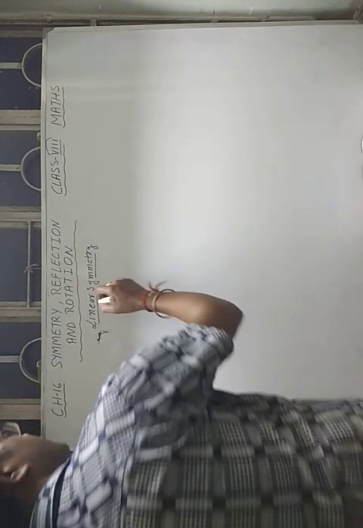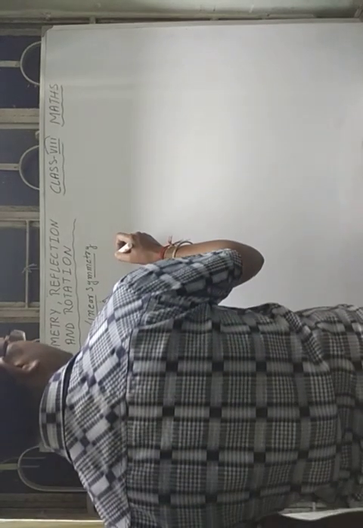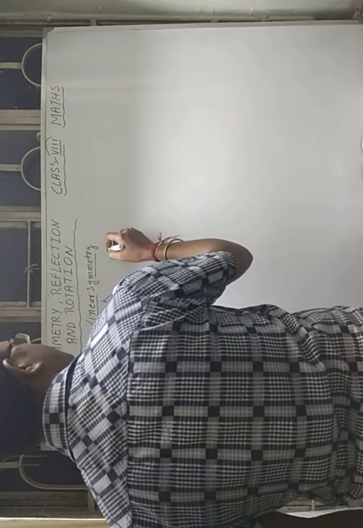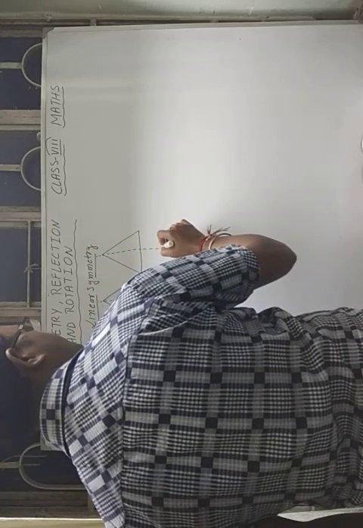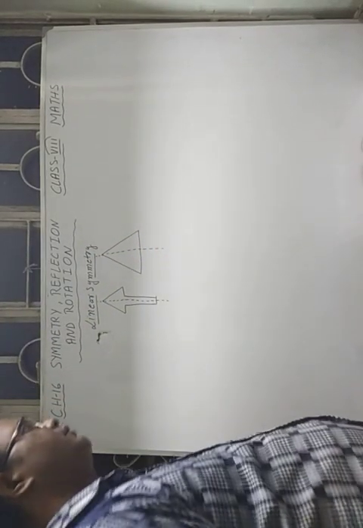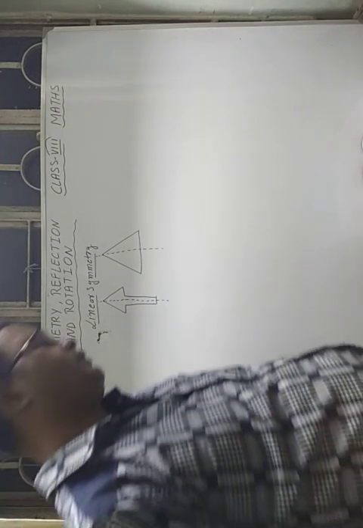How many symmetric lines can you draw of it? Only one. So this is a symmetric figure. If you take a triangle like this, here also you can draw one symmetric line. So this is a symmetric figure and these dotted lines are called lines of symmetry.